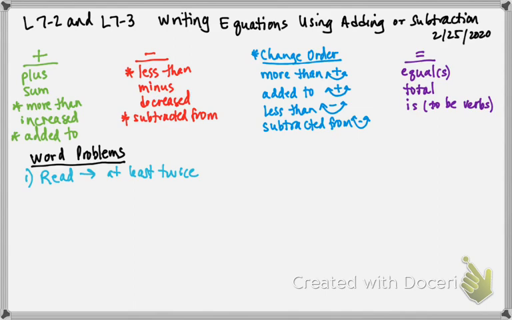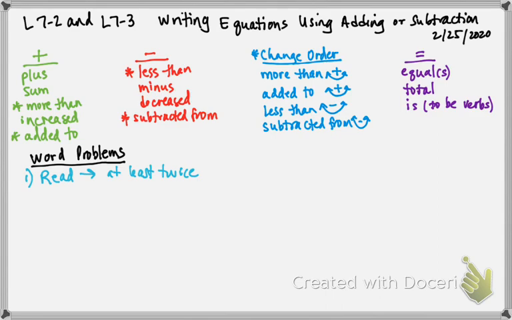We wrote down words that tell us to add, words that tell us to subtract, words that tell us to change order, and words that tell us to write the equal sign. And I was about ready to launch into word problems and the steps that we follow to solve word problems. I don't know where that stop happened. I apologize. If you need a pause and write this all down, go ahead and do that, and we'll continue on from here.